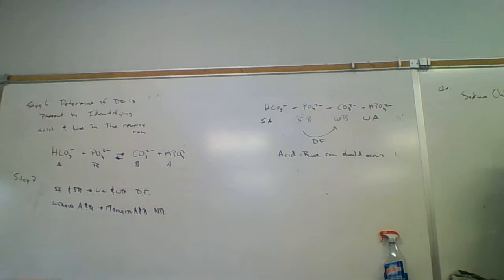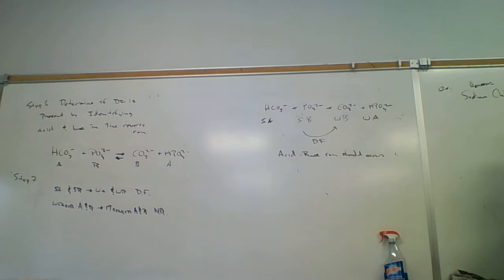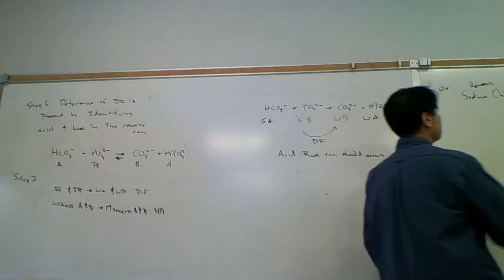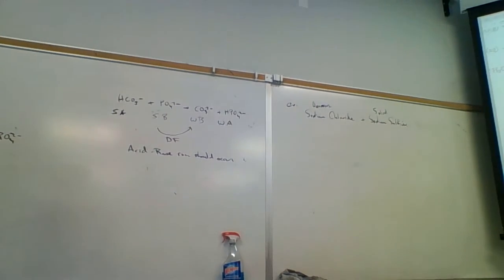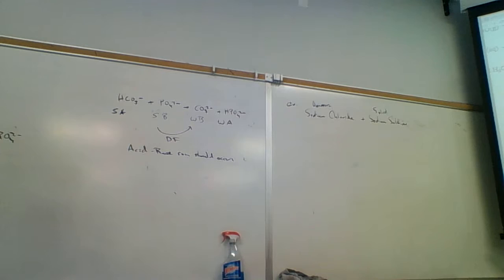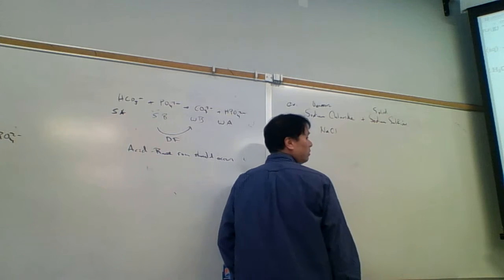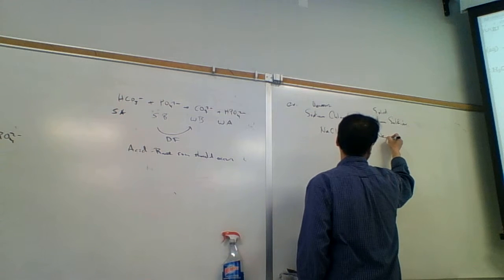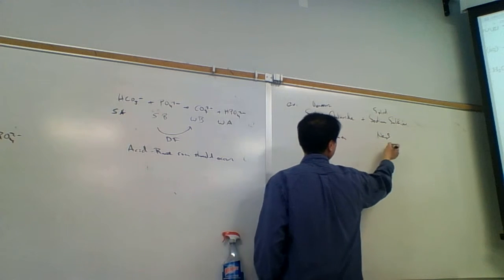Actually, I'm going to do aqueous sodium chloride with solid sodium sulfide. I'm going to mix these two together. What's the formula for sodium chloride? NaCl. And sodium sulfide? Na2S. Alright. This is aqueous. This is solid.